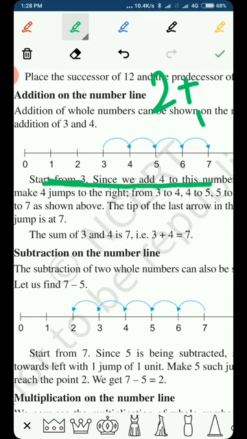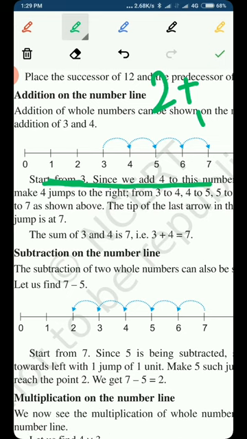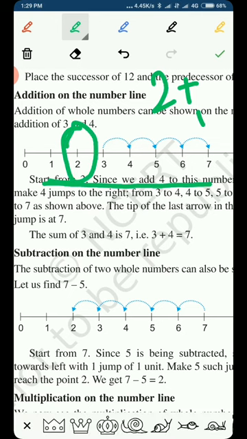So how will we add 2 and 1? First of all, we see the two numbers which we are adding. We have to add 2 to 1 or 1 to 2. It means the same thing. Whenever we do addition on the number line, we jump as many times to the right of the given number as the number we have to add. Now we have to add 1 to the number 2.